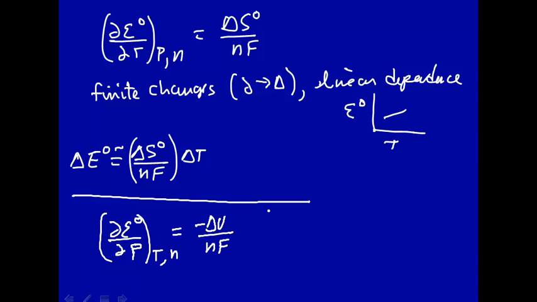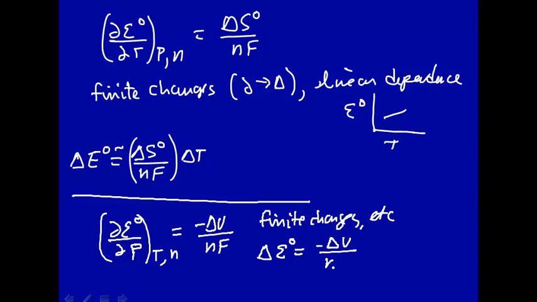And we do finite changes, so that the change in the standard cell potential is minus delta V over nF times delta P. Note that the change in volume as a function of pressure, so you're changing the pressure here, and how does the volume change?